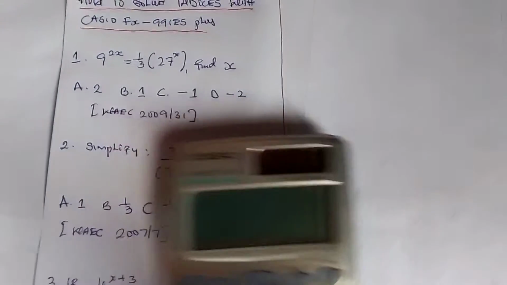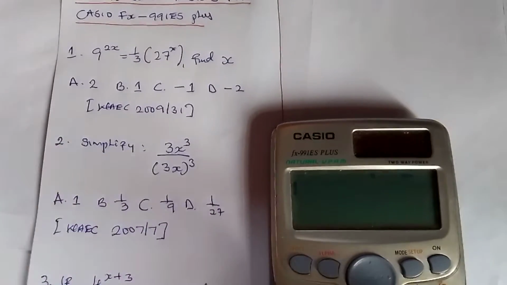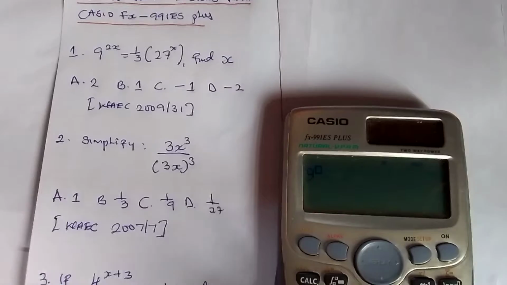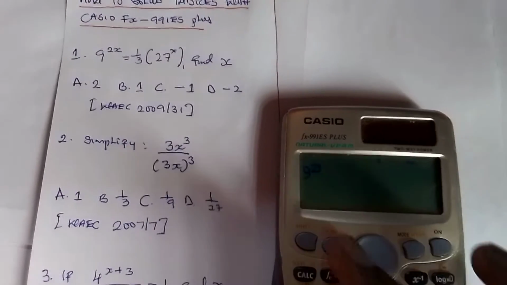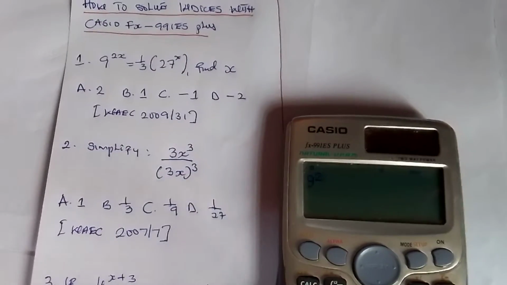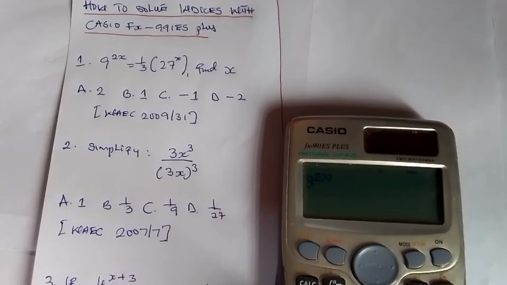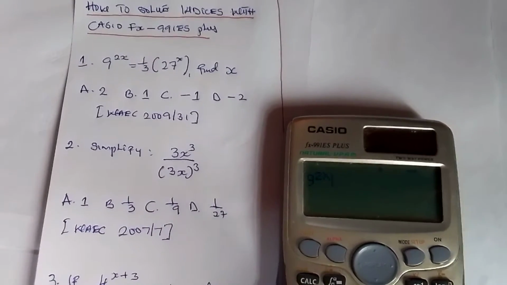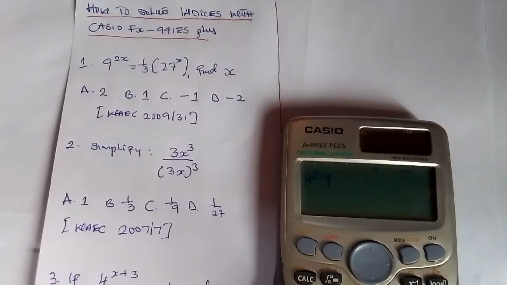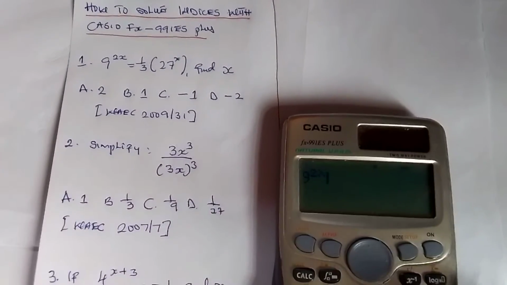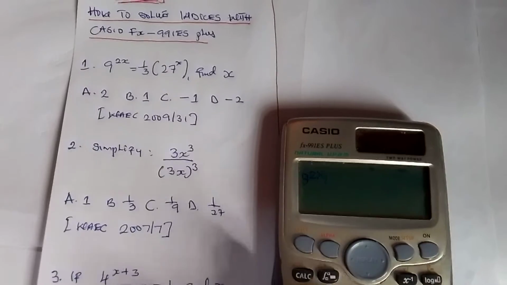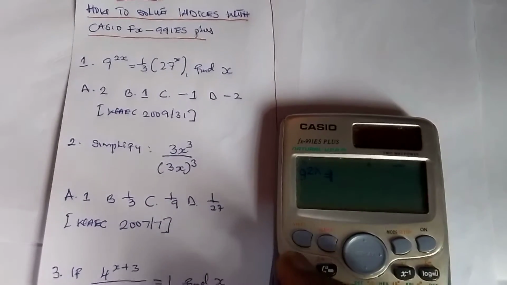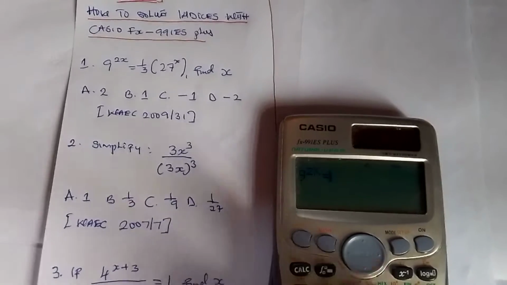Now I'm going to solve the first question. The first question says 9 exponential 2x. So I'm going to write 9, exponential, 2, then press alpha and x, just as I see on the screen, and I'll move my cursor down because my cursor is in the exponent place. Now I want to put the equals to. It's going to be alpha equals to, then 1 over 3.